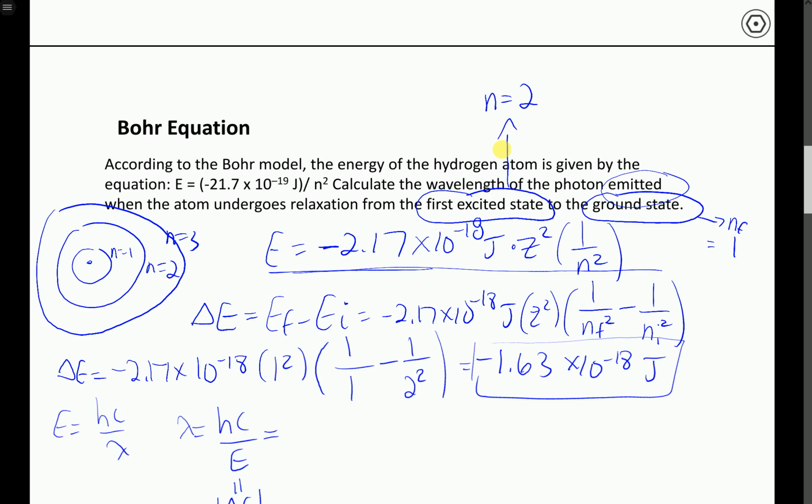So when we do this, we have h times c, so these two constants. Make sure our units are correct. So these are given as joules, seconds, and meters per second. And then our delta E has to be in joules, which it is if we use the Bohr equation.